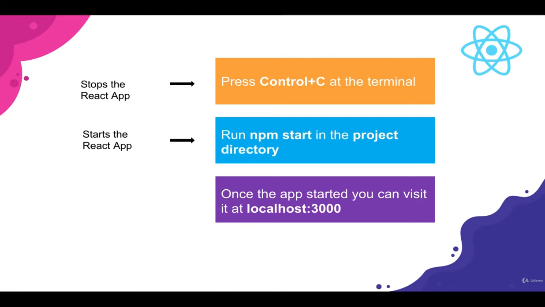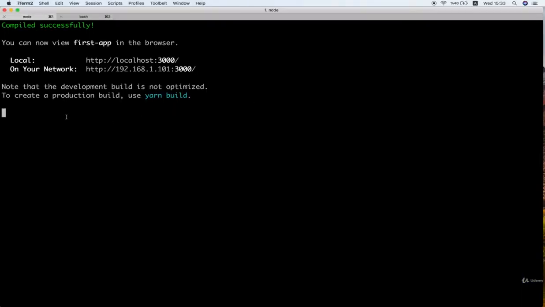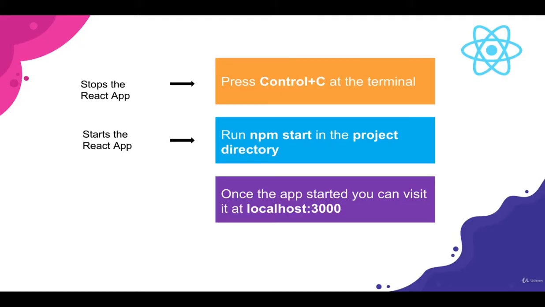So in fact, let's try that out now. I can go back over into my terminal, and I'll see where my React application is running, and then I'll hit Control-C to stop it. Just like so. If I ever need to start it up again in the future, I'll just run npm start in my project directory.